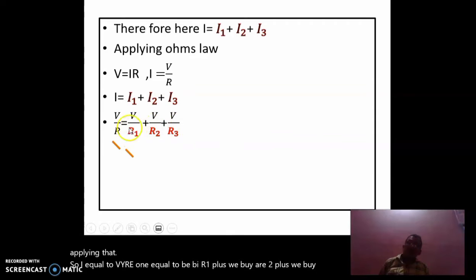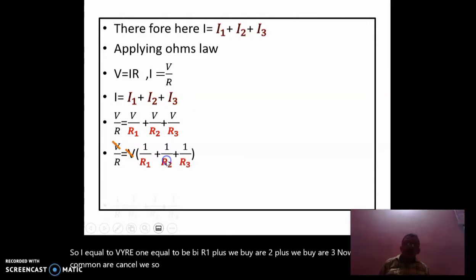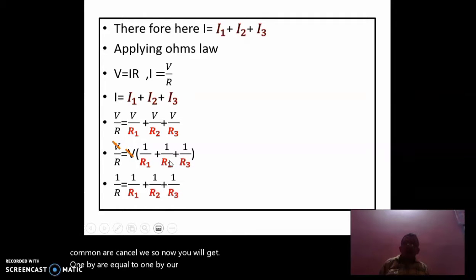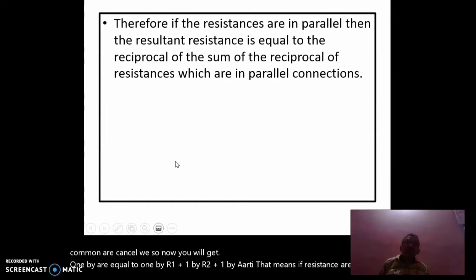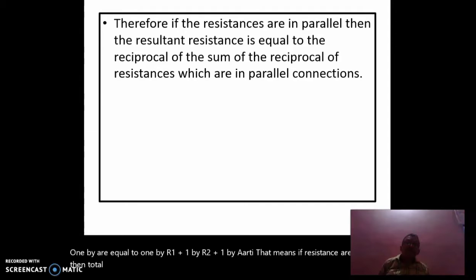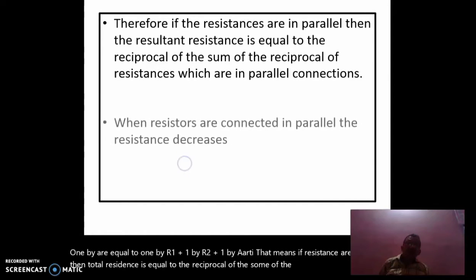Now take V common, V cancels. So now you will get 1 by R equals 1 by R1 plus 1 by R2 plus 1 by R3. That means if resistances are in parallel, then the total resistance is the reciprocal of the sum of the reciprocals of the resistances in parallel connection.